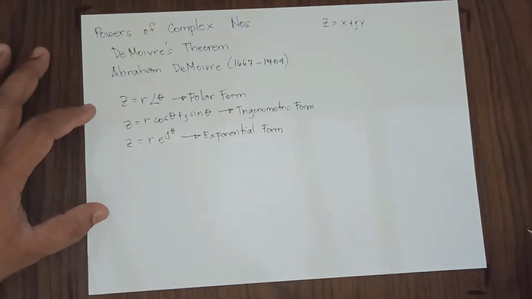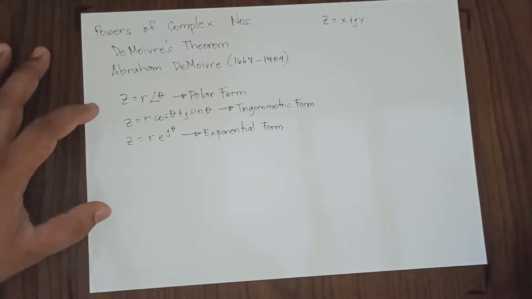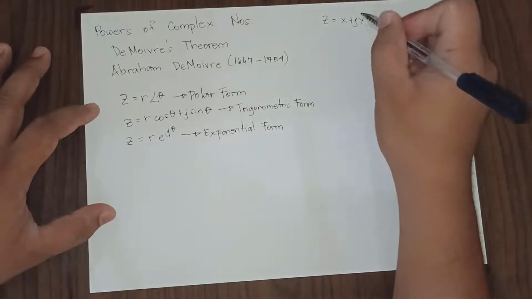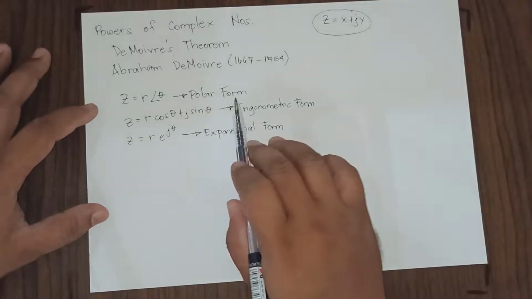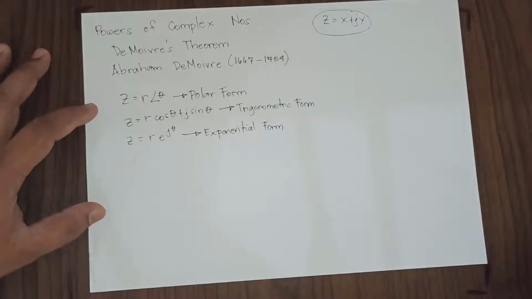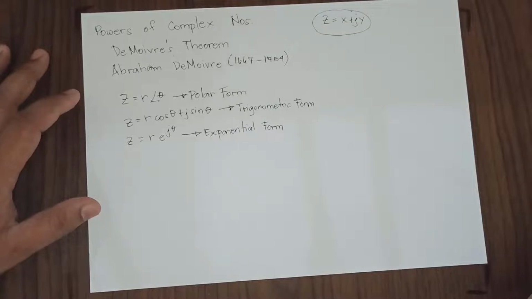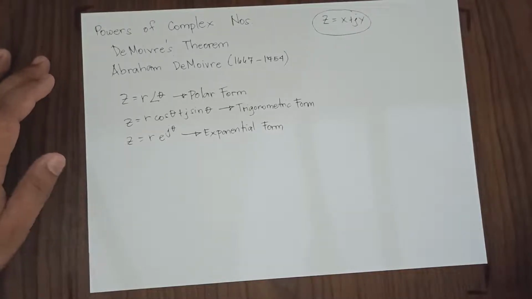So ang kailangan kapag mag-a-apply tayo ng the method of DeMoivre's theorem, kailangan itong rectangular form natin ay mai-convert ninyo into polar form, trigonometric form, or exponential form.